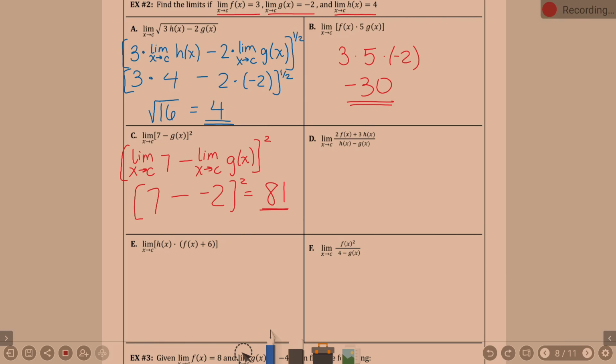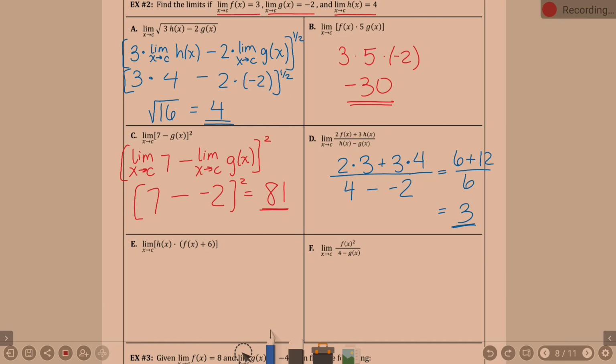Because 2 times the limit of f plus 3 times the limit of h, divided by the limit of h minus the limit of g. I'm only doing this because I feel like you guys are okay with it. 6 plus 12 is 18, divided by 6 is 3. Okay?